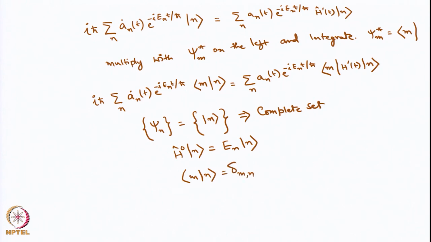That means, when m is equal to n, this overlap integral will go to 1, otherwise it will go to 0. Now, if you plug that in, for the left hand side, only for n equal to m will this term survive. Else it will go to 0.